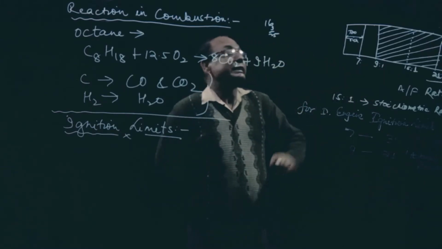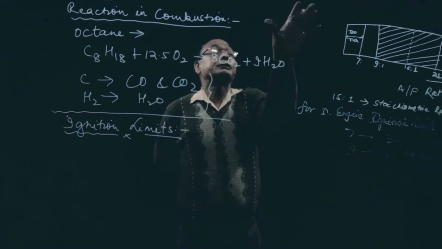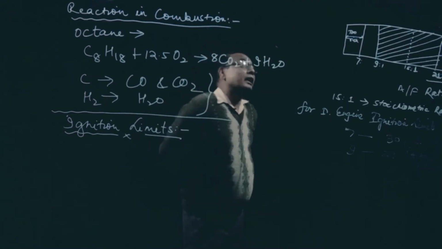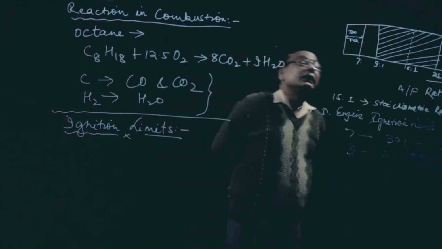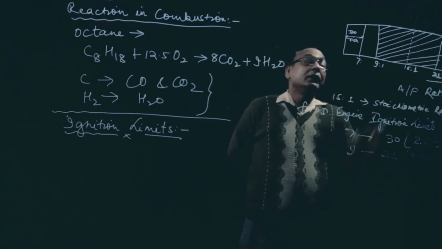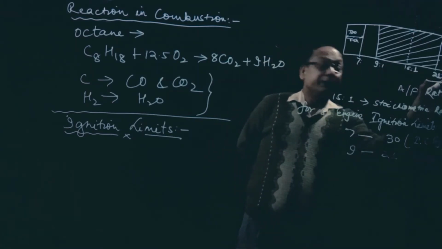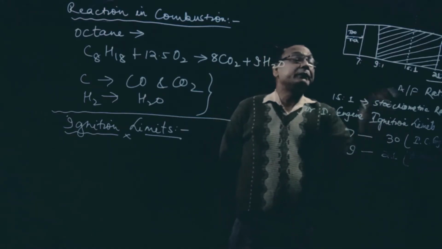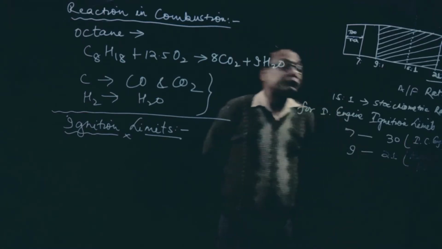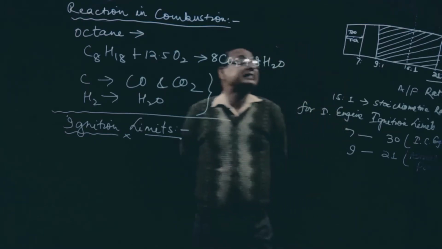It is not easy to get the air fuel ratio of 15:1 all the time, because we will have either lean fuel or rich fuel. 15:1 is chemically correct, called the stoichiometric ratio. This side is called rich fuel, this is called weak or lean fuel. So for an IC engine the ignition limit is basically 7 to 30, but in actual practice 9:21. We have seen this in the last session also.